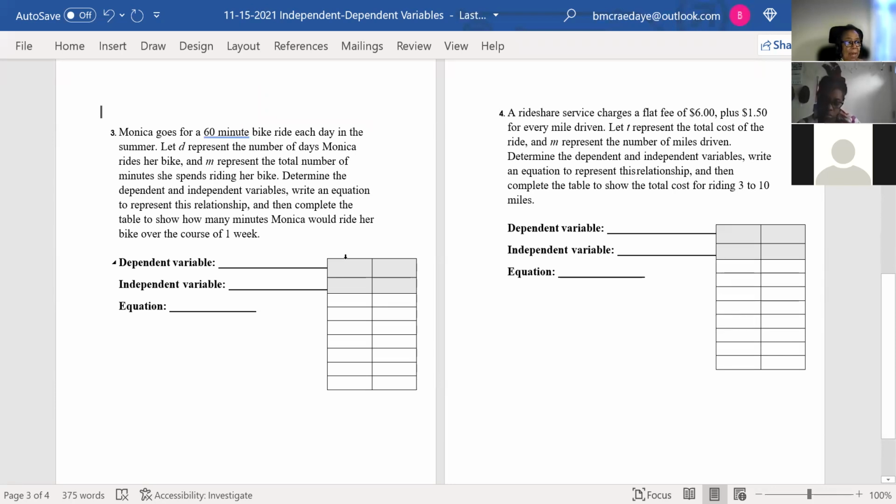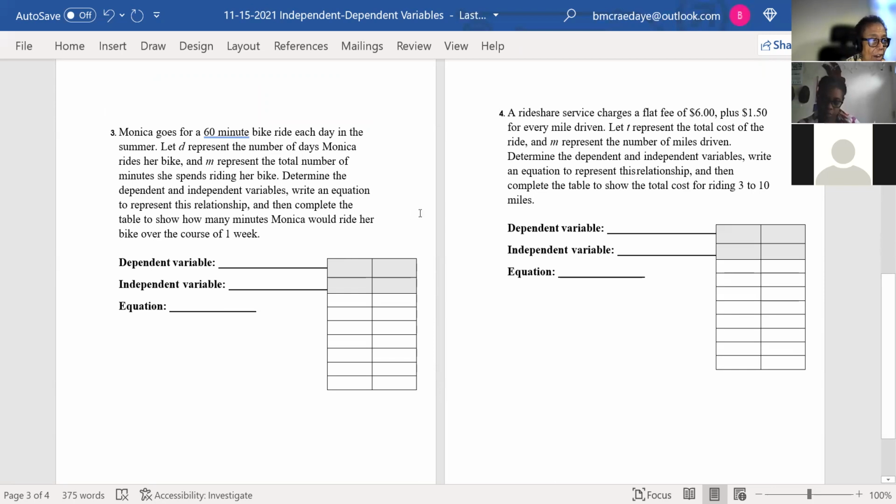Monica is riding a bike each day, a 60-minute ride each day. The total number of minutes she spends riding her bike is dependent upon the number of days, right?